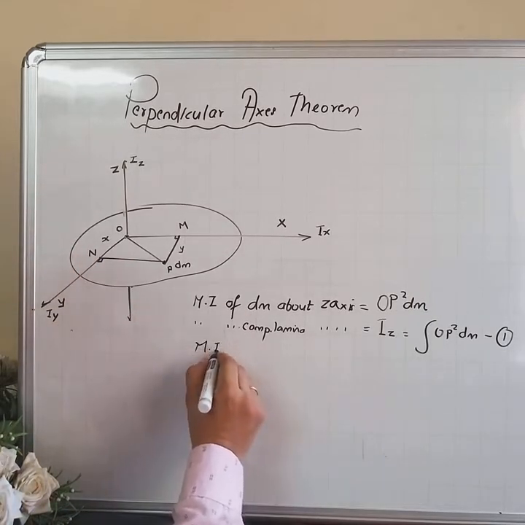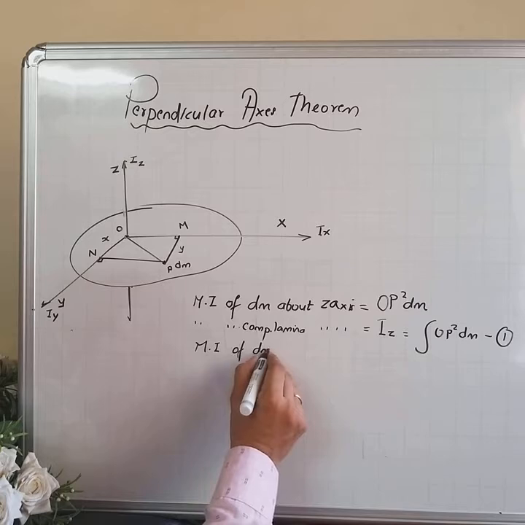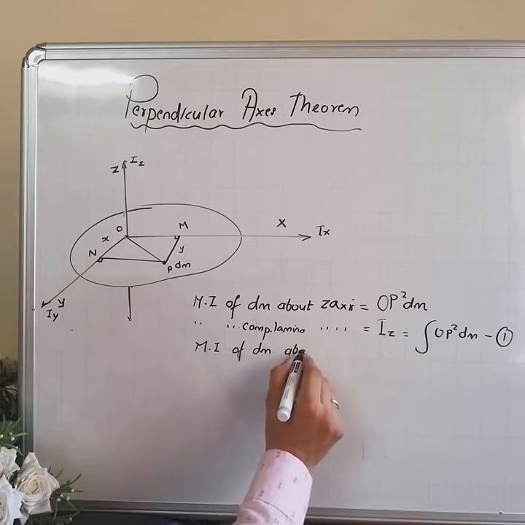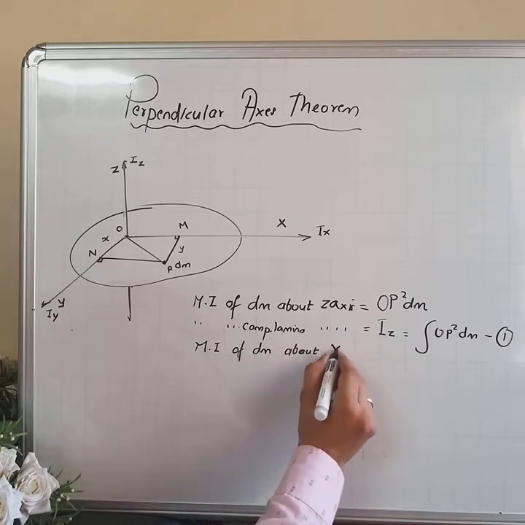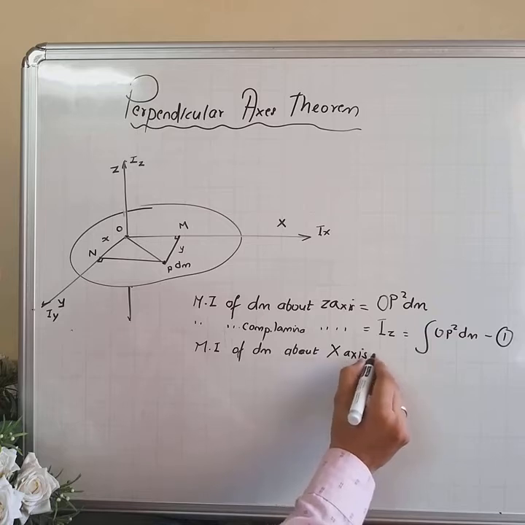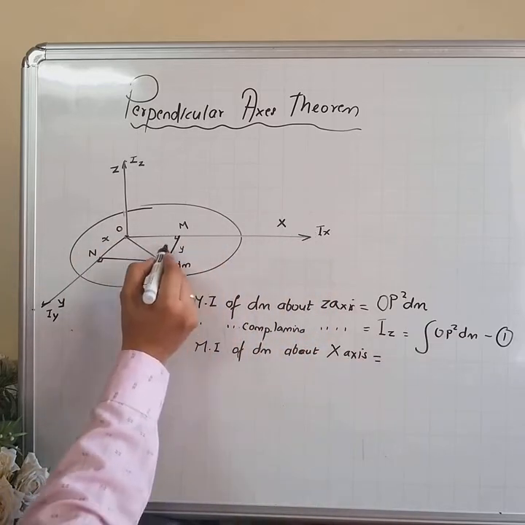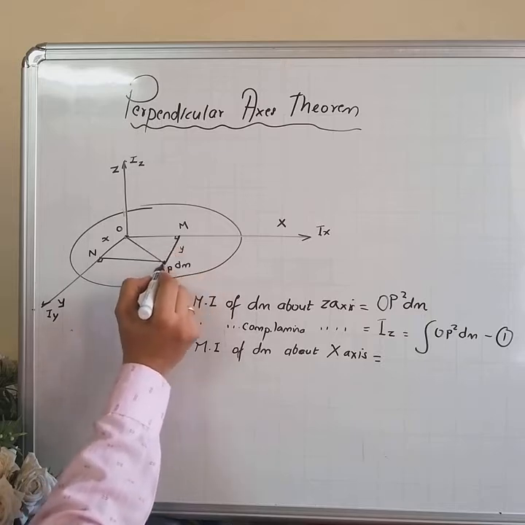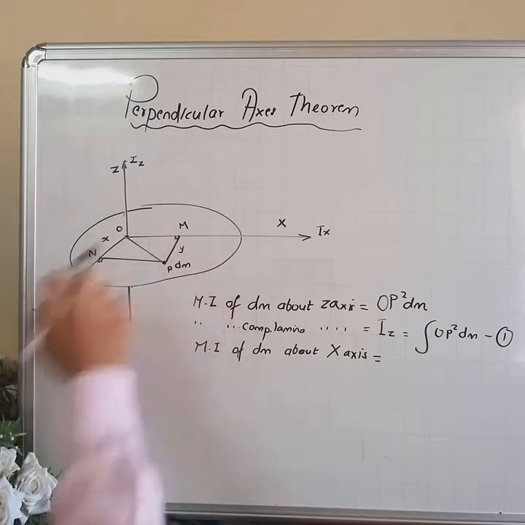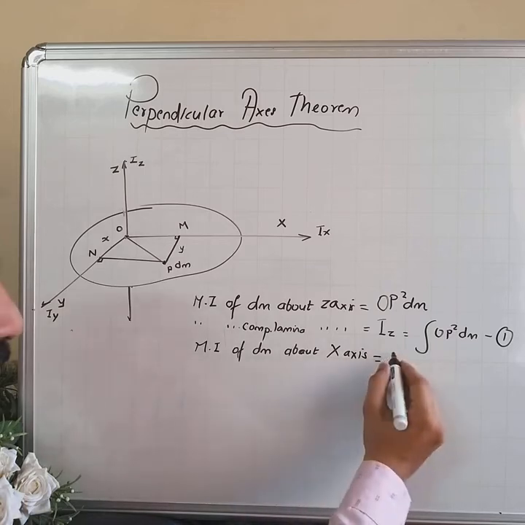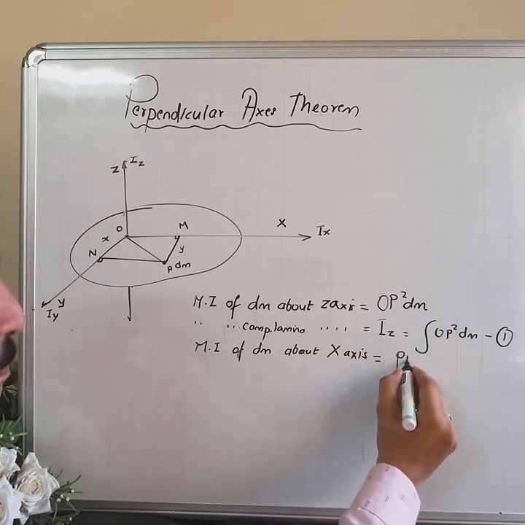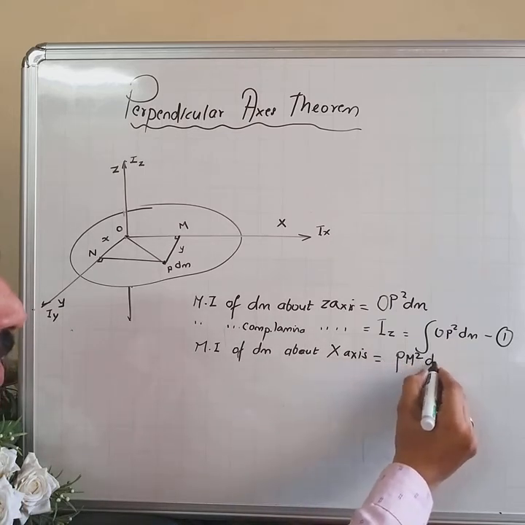Now move on. Again I want to find the moment of inertia of dm about the x axis. You see this is the x axis and this is the mass dm, and the perpendicular distance between mass dm and the x axis is Pm. So I'll write Pm square dm.